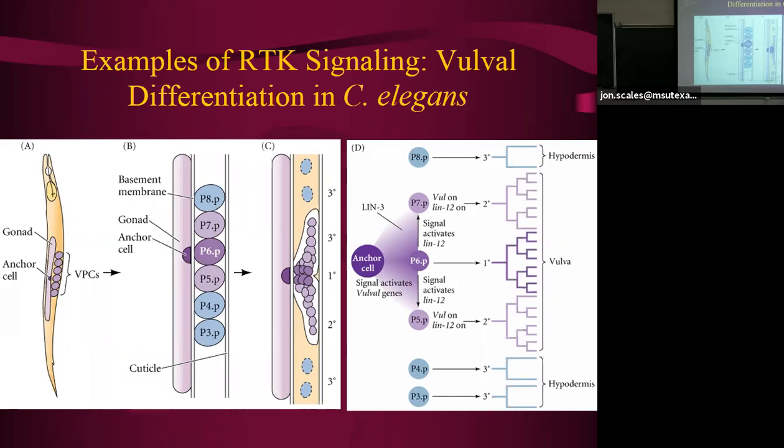Interesting mutations here. When these cells don't develop properly, especially the P6P, which is where the opening will form so the eggs can be laid, if that's not there, the eggs still get in and they start to develop, but they continue their embryonic development inside that structure, basically bursting out of the organ and killing the mother.